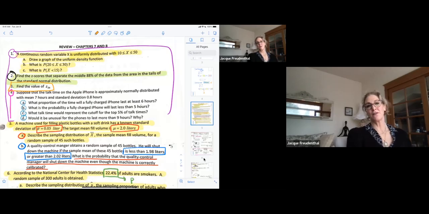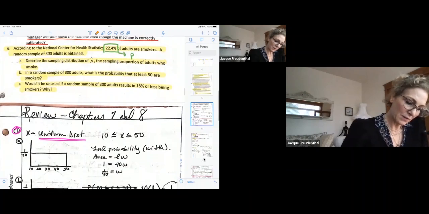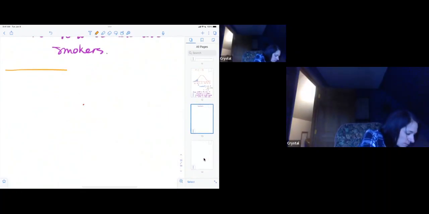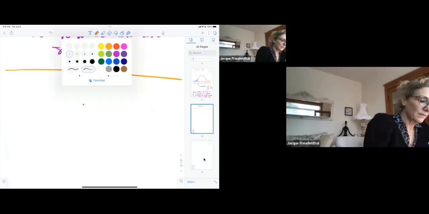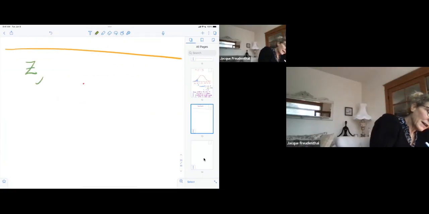Z sub alpha, alpha represents area to the right. So you will be using that because in the confidence intervals, you'll be introduced to critical values is what they're called. So Z sub alpha, where alpha equals the area to the right.